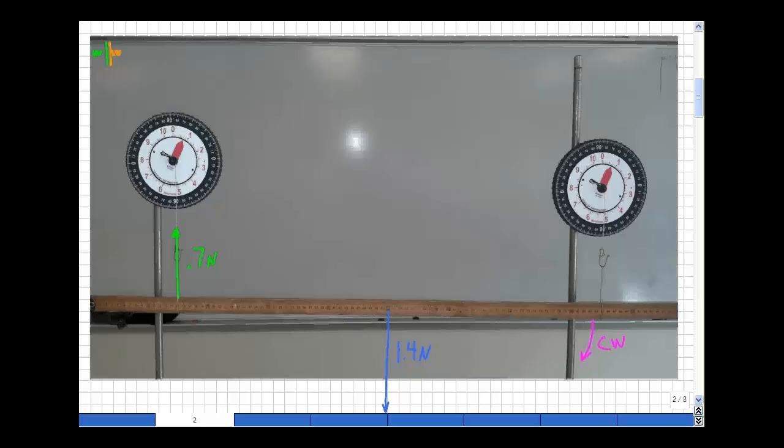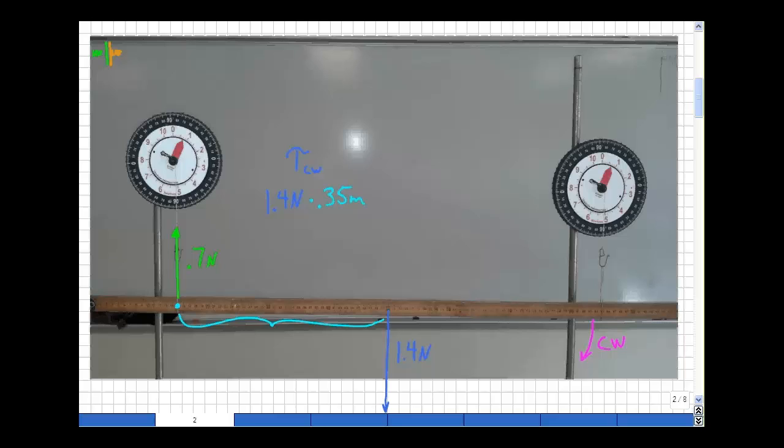So we can say that this 1.4 newtons is causing a torque in the clockwise direction, where the center of rotation is over here at 15 centimeters. So this distance right here is the difference between 50 and 15, which is 35 centimeters, or 0.35 meters.